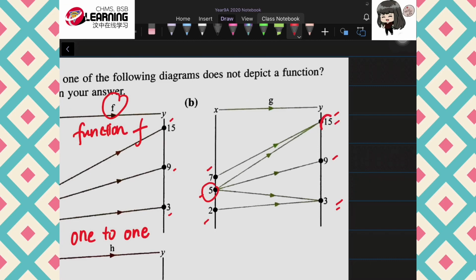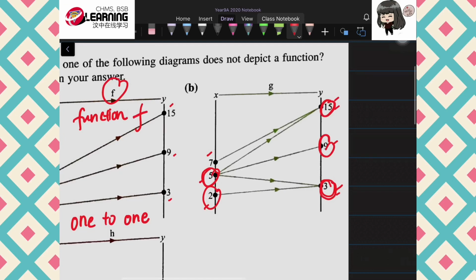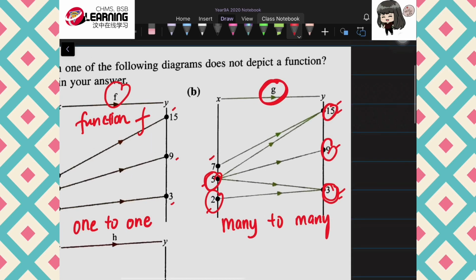So one input goes to many outputs, but at the same time, this one output comes from 2 inputs, from many inputs. So this type of relation we call many to many.